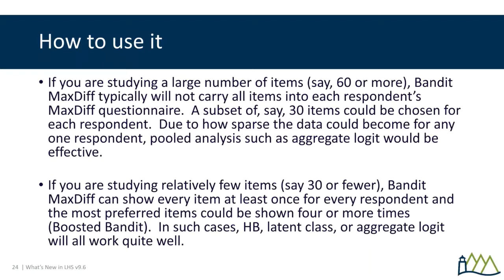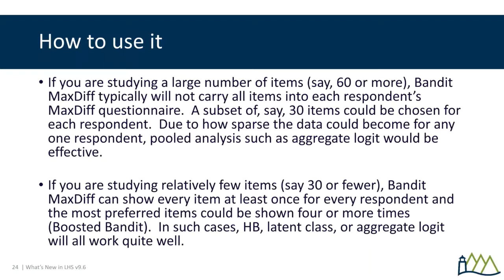So by default, we usually say 30 items is that sweet spot for how many items should be chosen for each respondent. And then depending on how many items you have, we think that aggregate logit is probably going to be most effective if you have, let's say, 100 items and you're only using a subset of 30 items in your Bandit. But if you are using less than that, you might be able to get good HB estimates quite well.